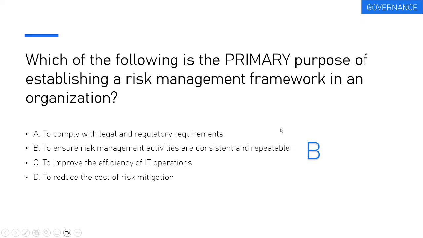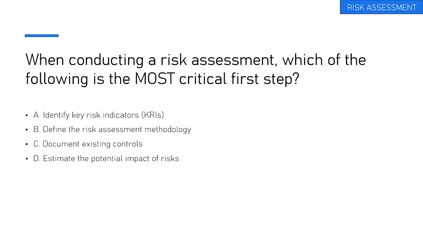All right, let's move on to the next question. When conducting a risk assessment, which of the following is the most critical first step? A is identification of KRIs, which is key risk indicators. Second is the definition of the risk assessment methodology.